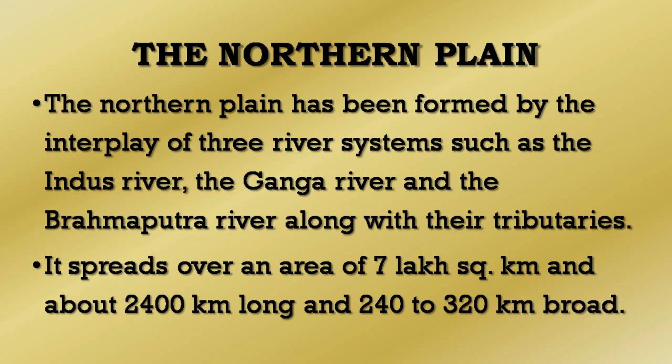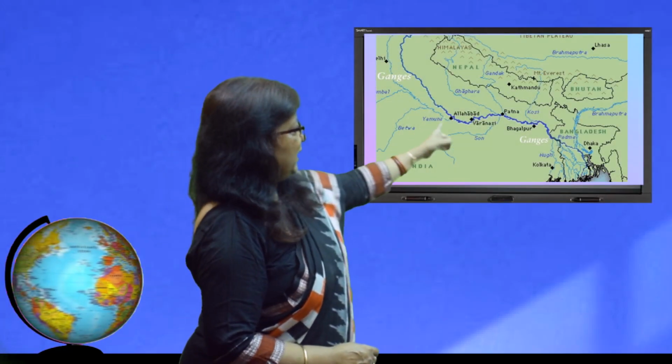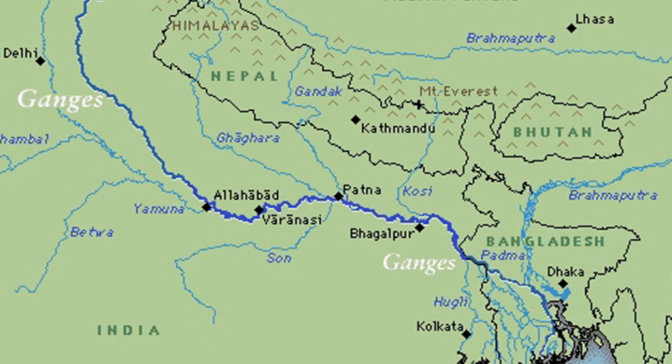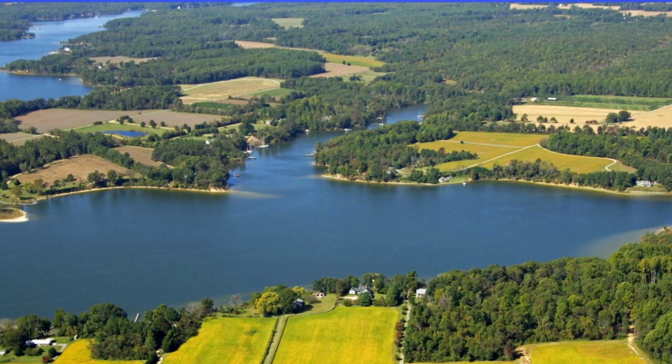Not only the rivers, children, along with the rivers, there are their tributaries. Let me ask you another question. Can anyone tell me what you mean by a tributary? Let me answer. If you look at the map again, you'll find small streams that join the main river.